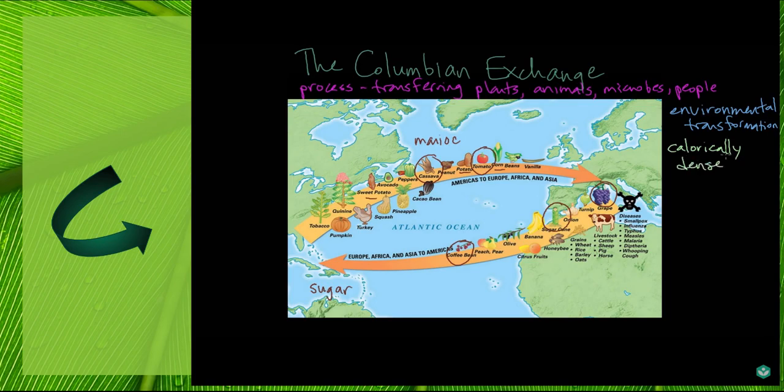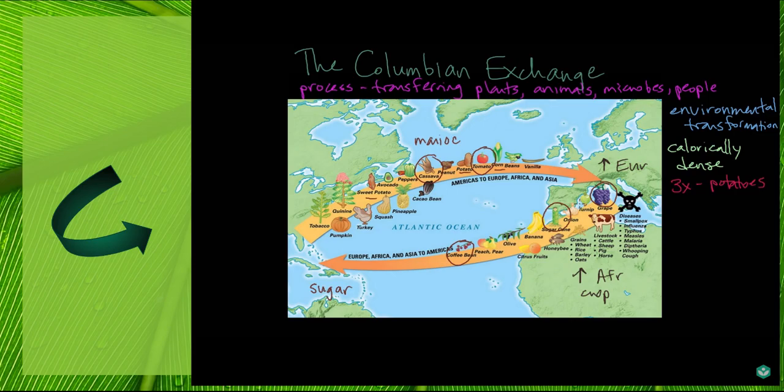So if you grew a field of potatoes instead of a field of wheat, which might be a typical crop grown in the Old World before contact, you can feed 3 times as many people with a field of potatoes than you can with wheat. So what does this cause? It causes a real increase in population in Europe. It also causes an increase in population in Africa, where manioc is a crop that was frequently grown and also very calorically dense. So New World foods helped Europe and Africa increase their populations.